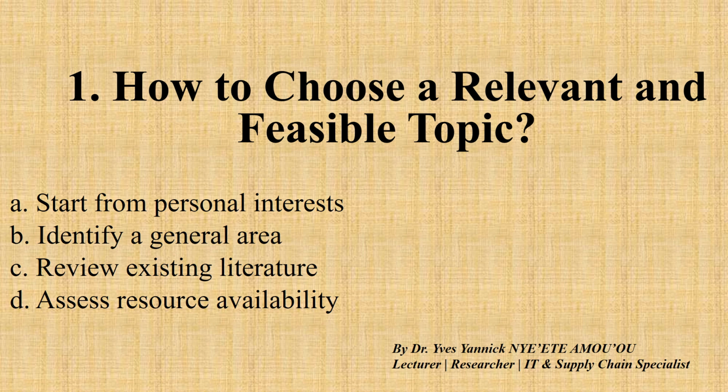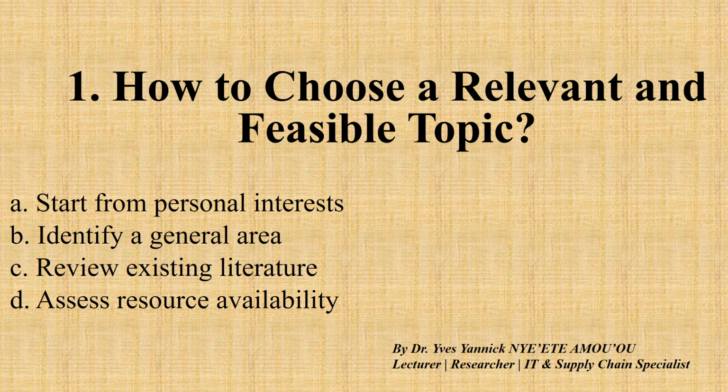You cannot write a thesis without a literature review. It's impossible. So in D, we have access and resource availability. Make sure you have access to the data, time, tools, and supervision needed to complete your research. It's very important.